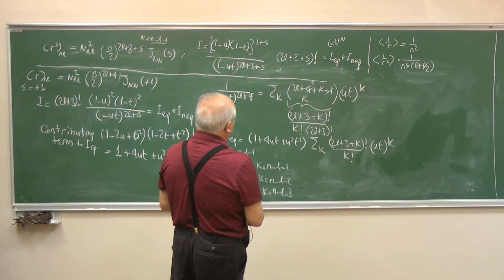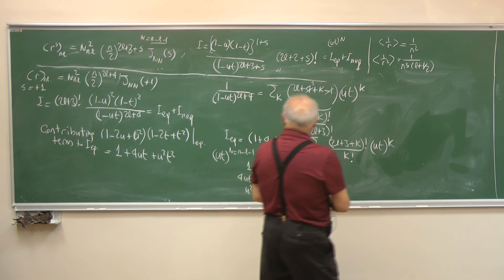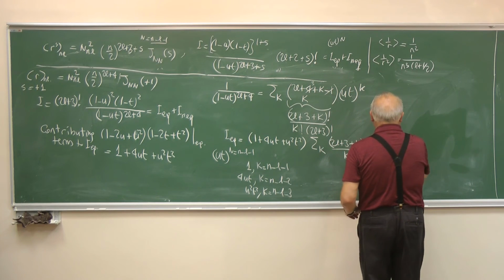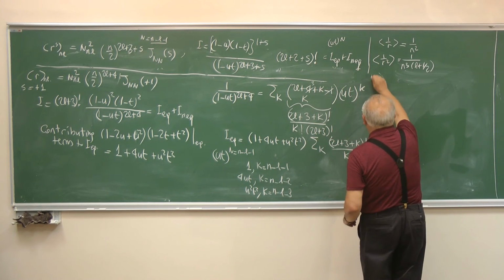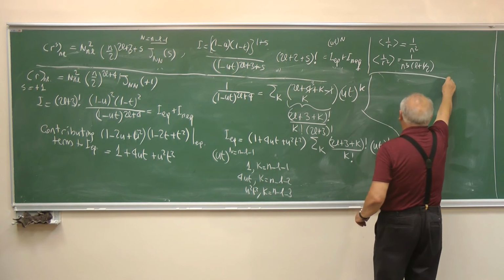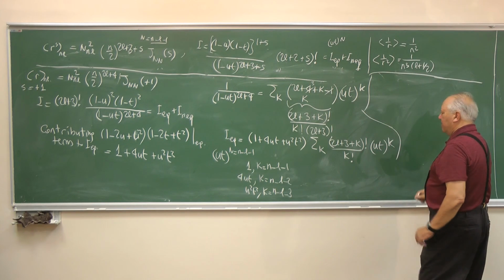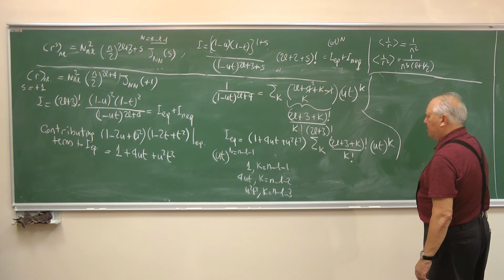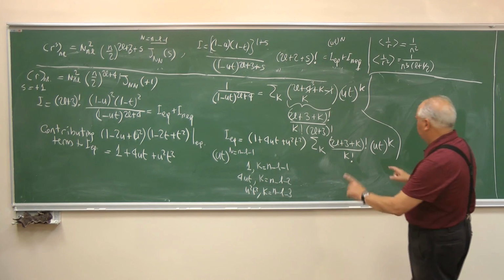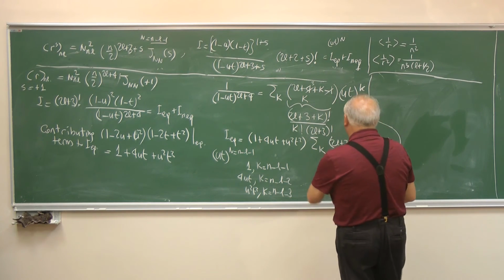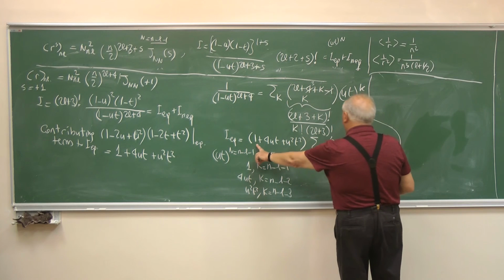So (2l+3)! cancelled. The first one will go with the coefficient 1.